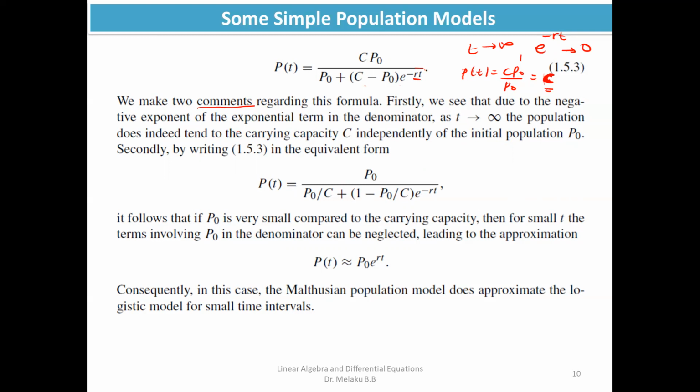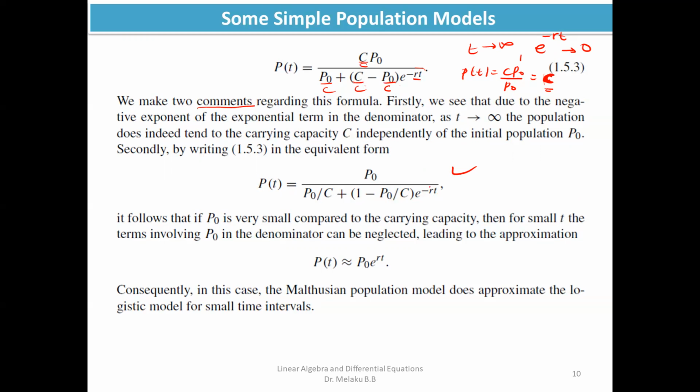And secondly, this equation could be equivalently written this way. If you divide this by C all over C, P of t will be the same as P naught over C plus 1 minus P naught over C times e raised to minus rt.